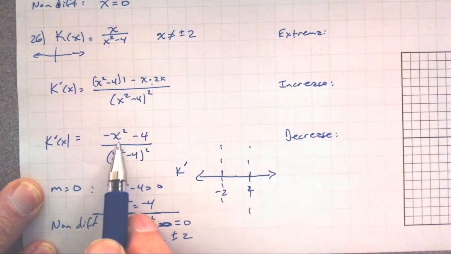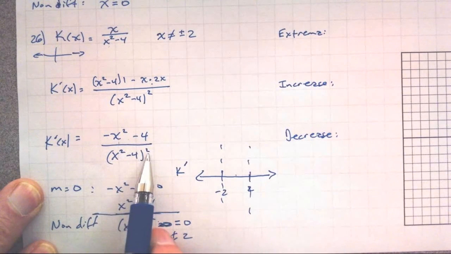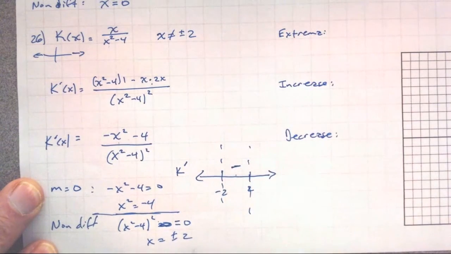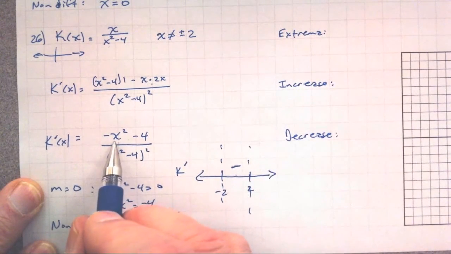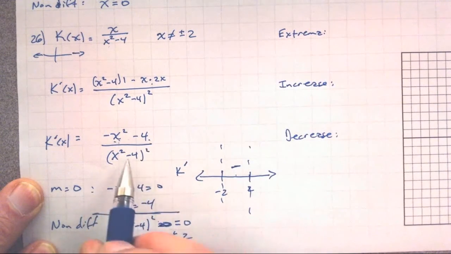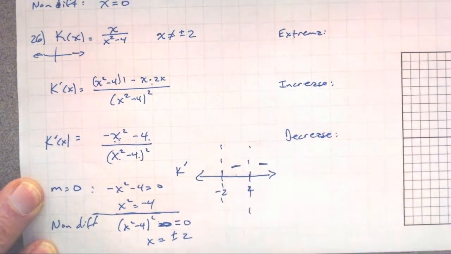Doesn't exist. Let's see what happens between there with our slopes. If I put in 0, I ultimately get a negative on a positive. Negative on positive, it's going down from -2 to 2. If I put in 3, I ultimately get a negative in the numerator and a positive in the denominator. It's negative.